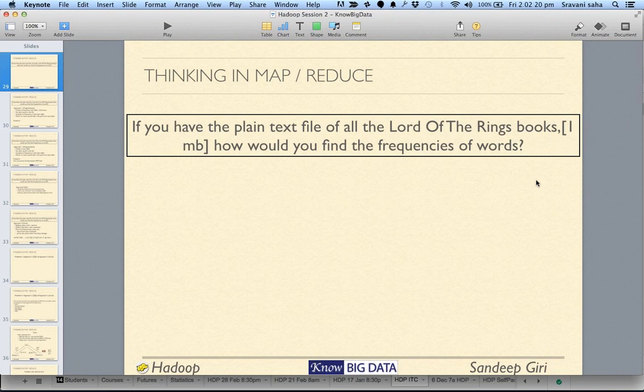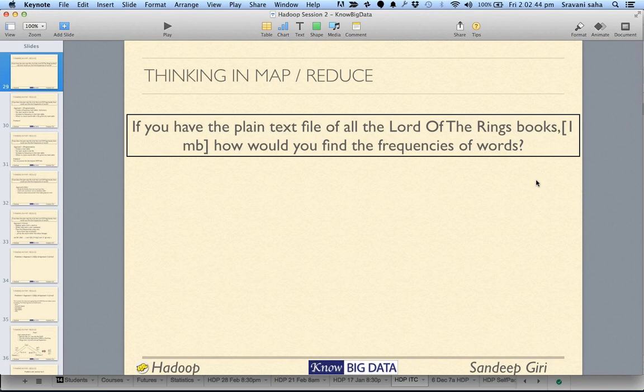So MapReduce as a paradigm is not only specific to Apache Hadoop, but a lot of other components have also absorbed this functionality, because they found that MapReduce is a very important paradigm for any computing.